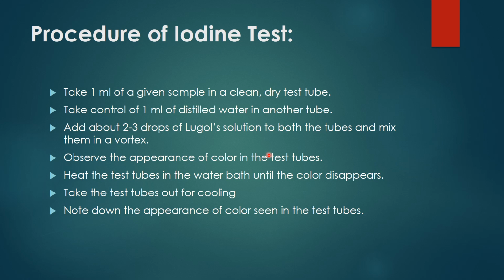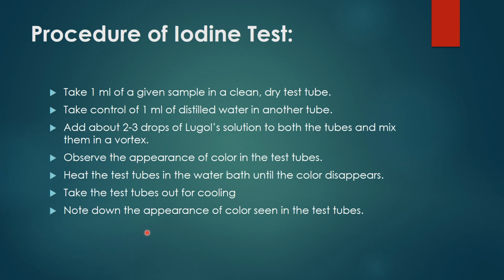So on heating, you can observe the test tubes will lose their colors, or the samples will lose their color. You can observe the color disappears, and then we will take them to cooling. Take the test tubes out for cooling. Note down the appearance of color seen in the test tubes.